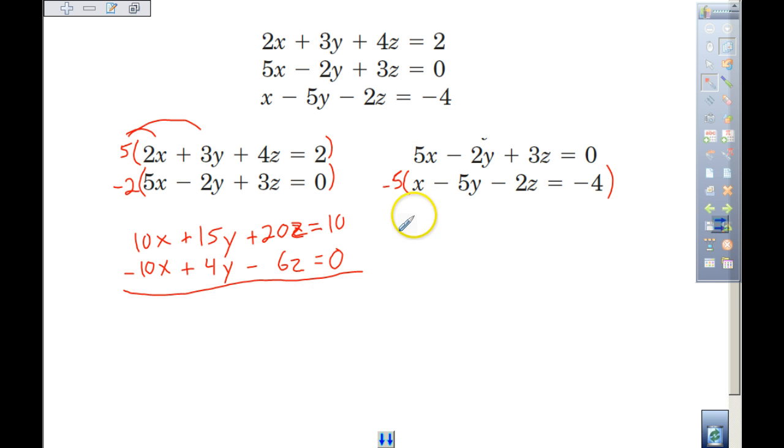Alright, over here, top one stays the same. Just copy that down. Top is the same. Bottom, -5x plus 25y plus 10z equals 20.